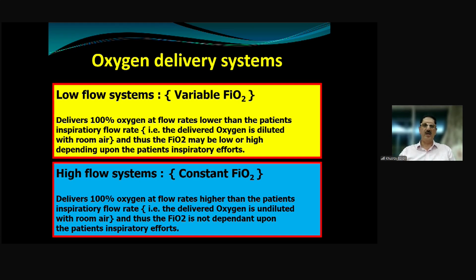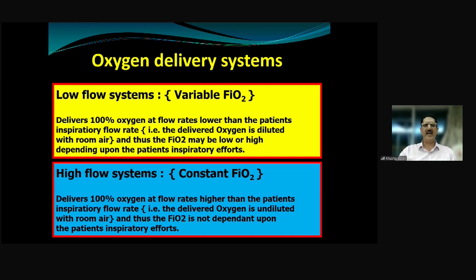When the oxygen delivered is less than the inspiratory flow rate, obviously ambient air will mix and therefore the FiO2 that you may dial will be variable. So please understand, a low flow system is a system in which the FiO2 is variable, and the reason for this is that the oxygen flow rate is less than the patient's inspiratory flow rate.